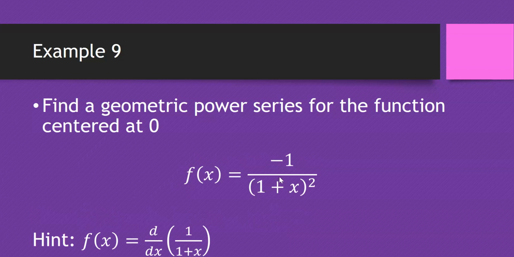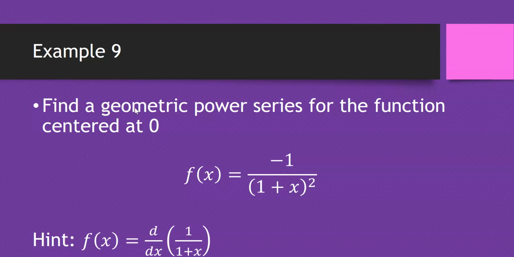If you have time, you could do this one as well. I'm not going to do example 9 on this video, but if you have time, you can try example 9 on your own. Negative 1 over 1 plus x quantity squared.